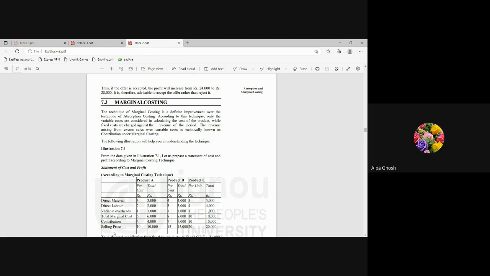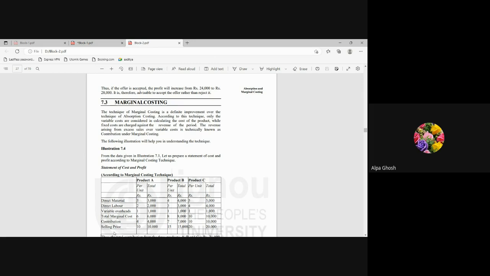The revenue arising from excess sales over variable cost is technically known as contribution under marginal costing. So when it is sales minus variable cost, S minus VC, it is your contribution.